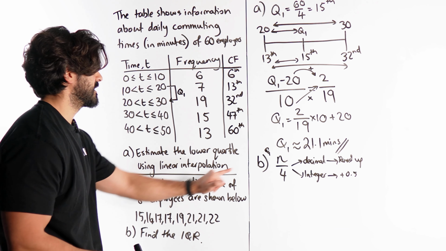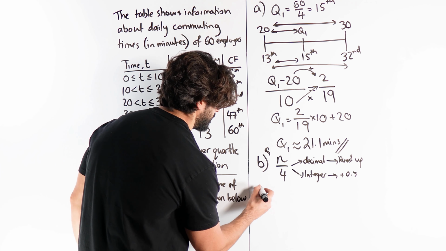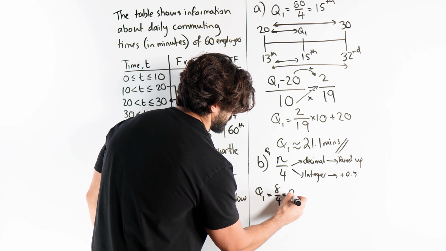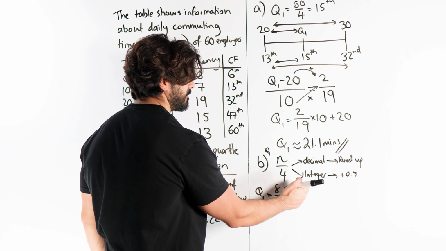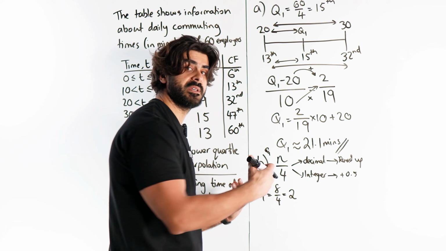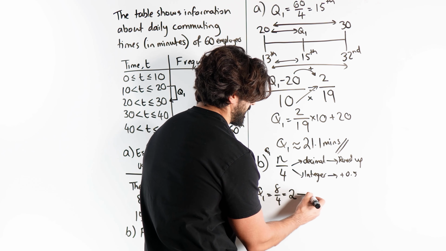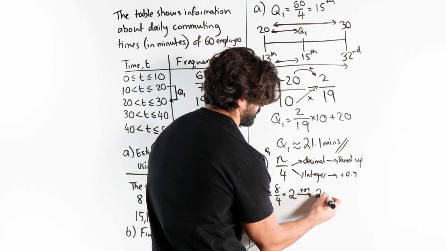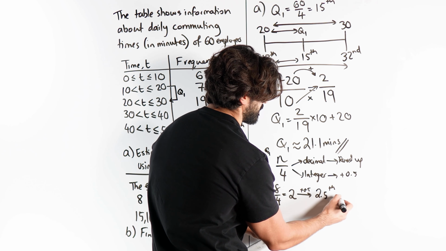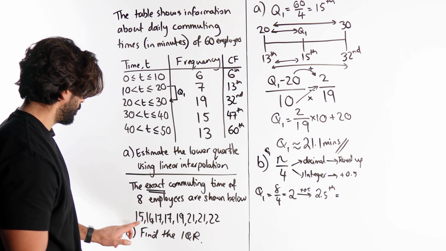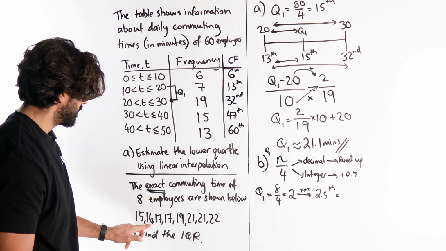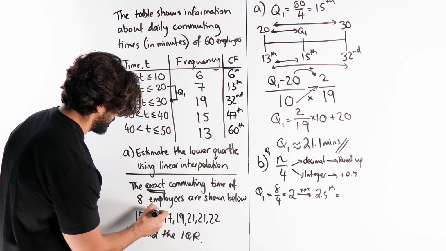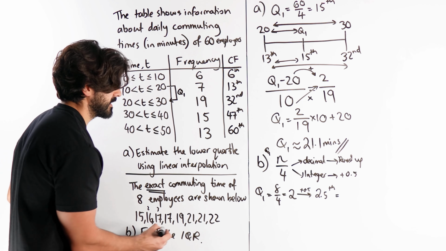Let me show you how that works with this. We have 8 employees, so there are 8 numbers. For Q1, it's 8 divided by 4, which is 2. That is an integer, so we add 0.5, which gives me 2.5. I'm looking for the 2.5th number, which is in the middle between my second and my third number, and I get 16.5.